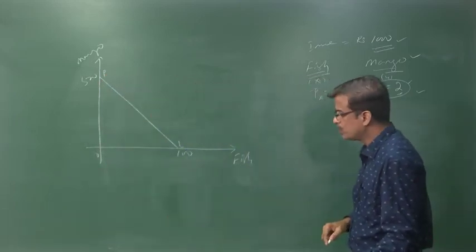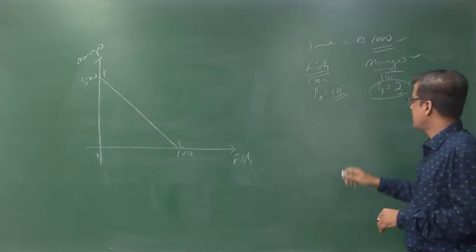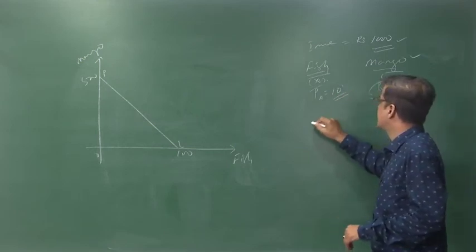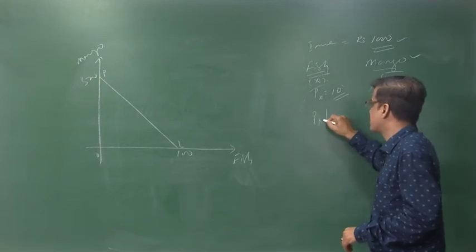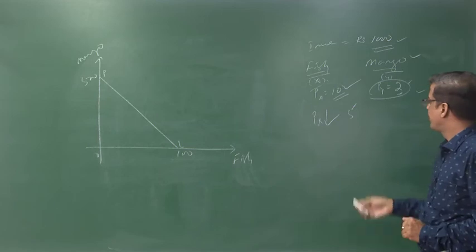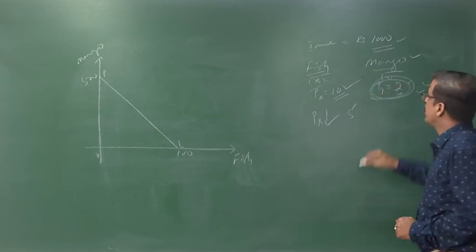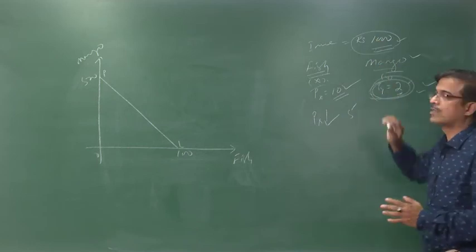Now, suppose the price of fish reduces from 10 rupees to 5 rupees, whereas the price of mango remains constant at 2, and income remains constant at 1000.